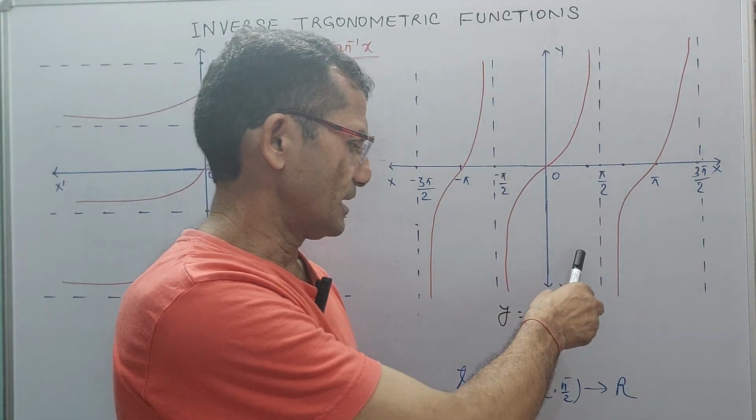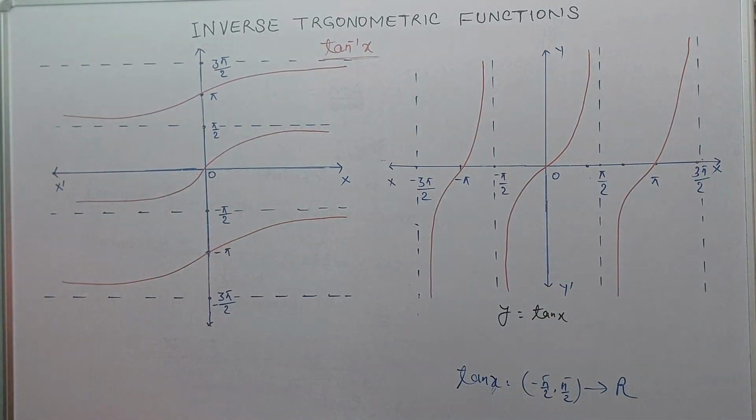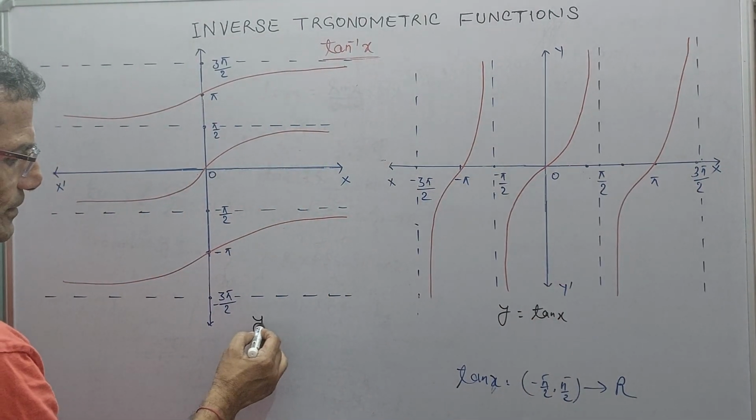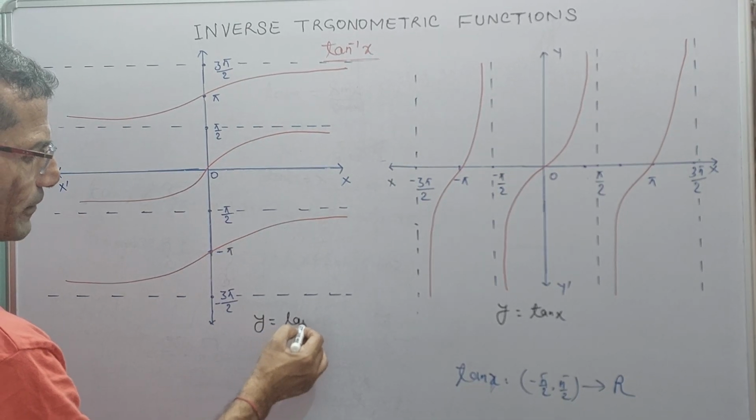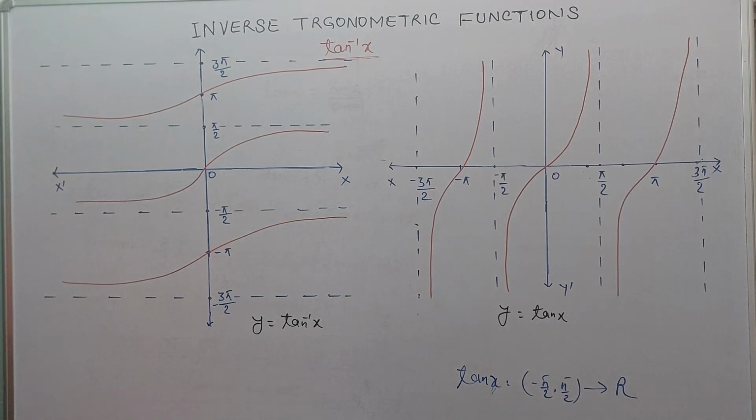Now this is the graph of y = tan x, and this is the graph of y = tan inverse x. There are different intervals.